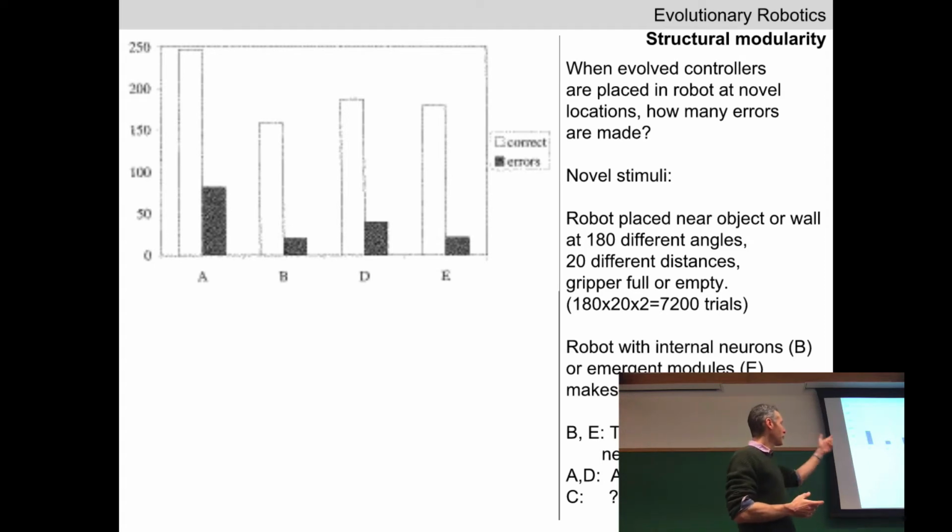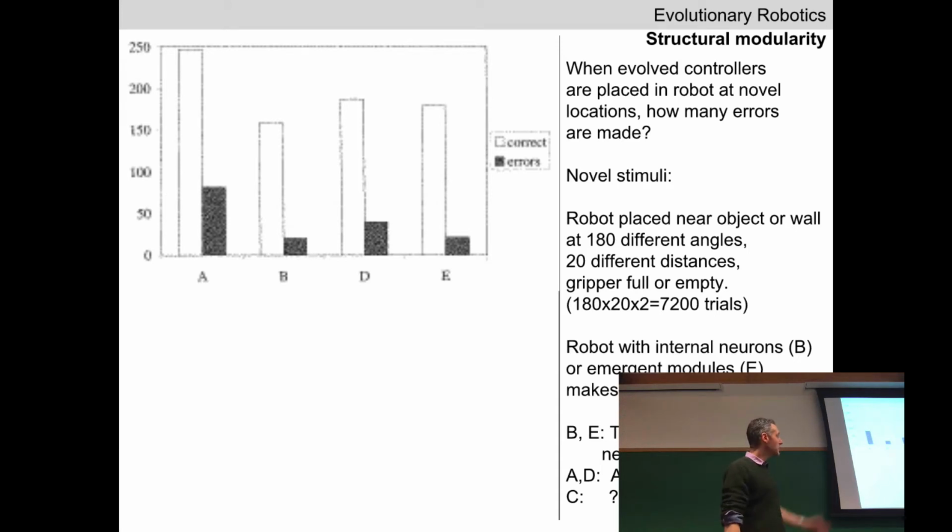Most of the time, for 4 of the 5 networks, the networks did more or less what they were supposed to do, but there were still considerable errors, which you would expect, right? Evolution is not an optimizer, it doesn't produce a perfect solution, it's a satisficer. It produces something that satisfies what it's supposed to do in the situations where it's evolving, so it's sometimes going to make mistakes when it's exposed to novel situations.